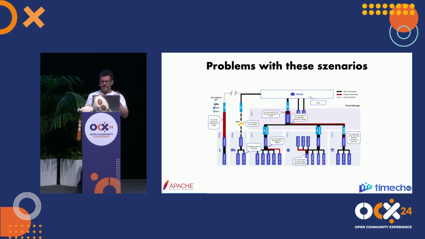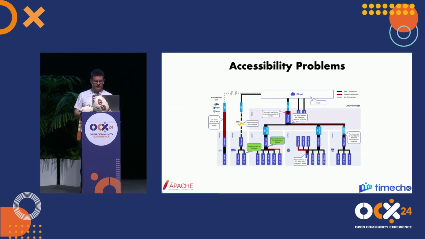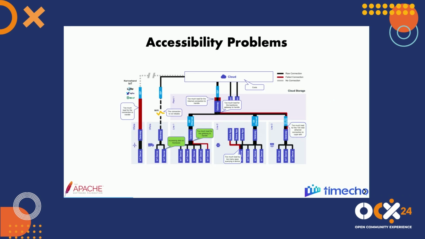So let's start with accessibility problems. As I mentioned, if you go out onto the shop floor of any manufacturer, you will find loads and loads of different types of devices. Most of them are even connectable via Ethernet connections.